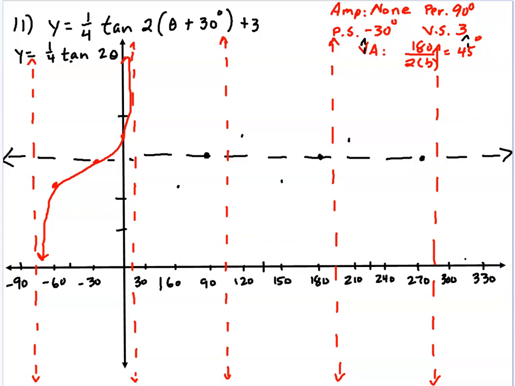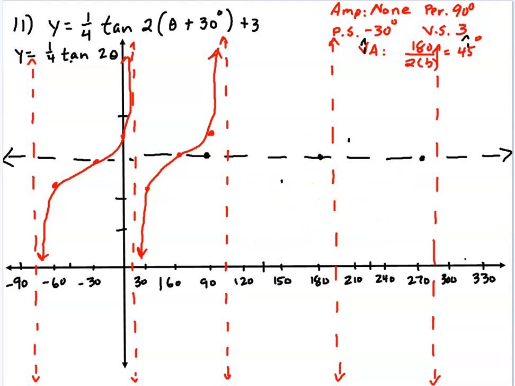Okay, now let's move our other points. So this is at 60, so we move it left 30, left 30, left 30. And we'll just do one more.